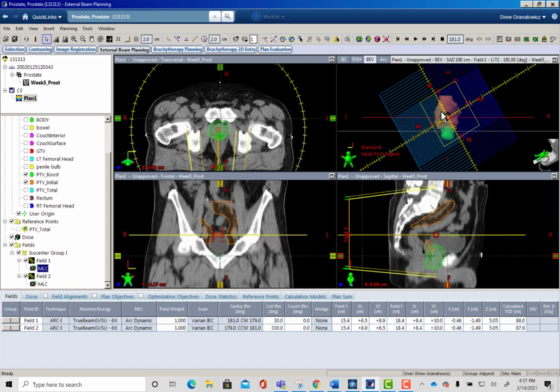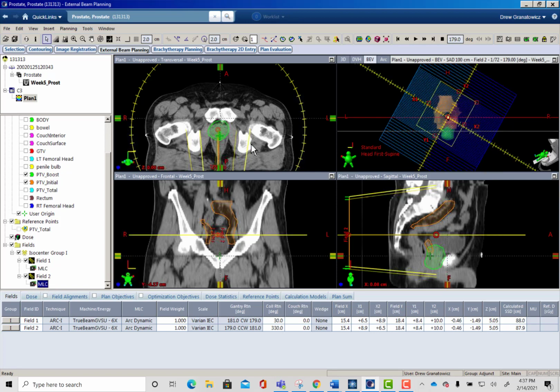And again, the reason for that is because one MLC on the same bank can only travel 15 cm apart from any other MLC. If that concept still doesn't make sense to you, be sure to email me so we can talk more about that. But 15 cm, or about 15 cm, is generally where you want to be for most plans. So X1 I close down on this field, X2 I close down a little bit.